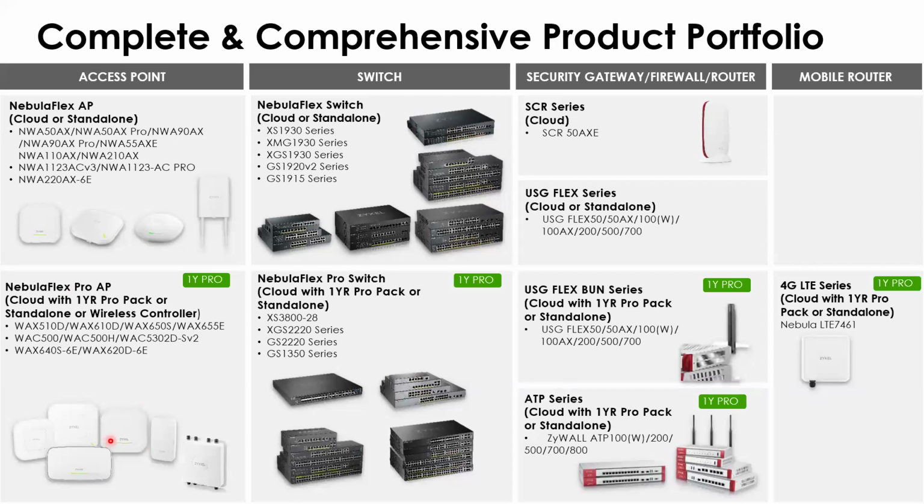So even if you aren't going to be using Nebula to manage your APs, if you're planning to use a local controller, like the ones built into our USG Flex, you do need to buy a Nebula Flex Pro AP. But otherwise, if you see Nebula Flex Pro, it means there's 1 year of Pro Pack bundled with the device. If you just see Nebula Flex, it's out of the box, just the free version of Nebula. You can always buy and add the Pro Pack license later if you do decide you want to use it.